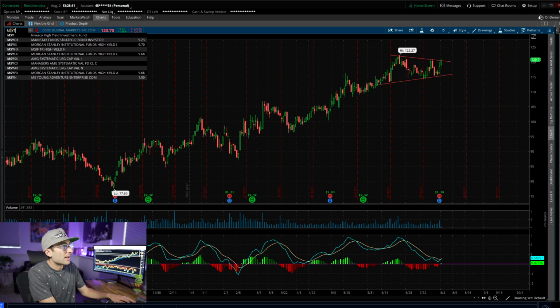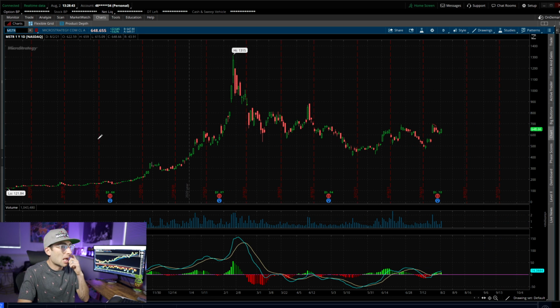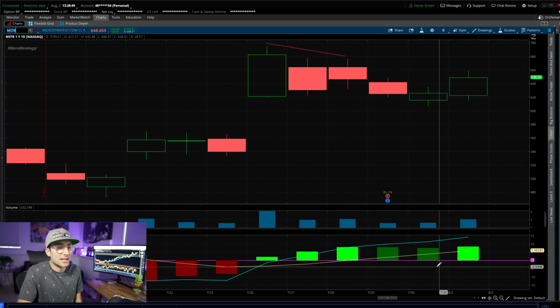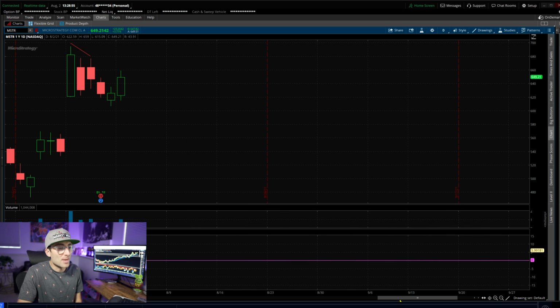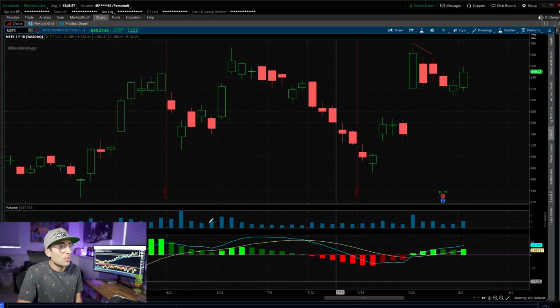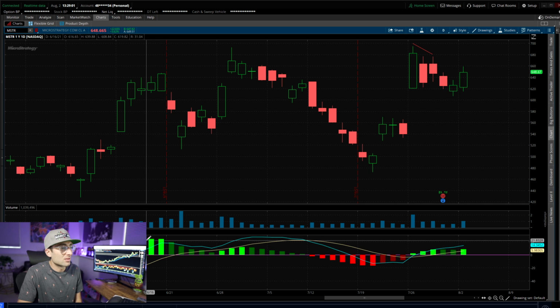MSTR has a very large MACD EMA difference here. You can see it's about 6, like I was saying. So that MACD difference is 5.7 to 14. This is a very large MACD difference. At one point, this MACD was a difference of 20.